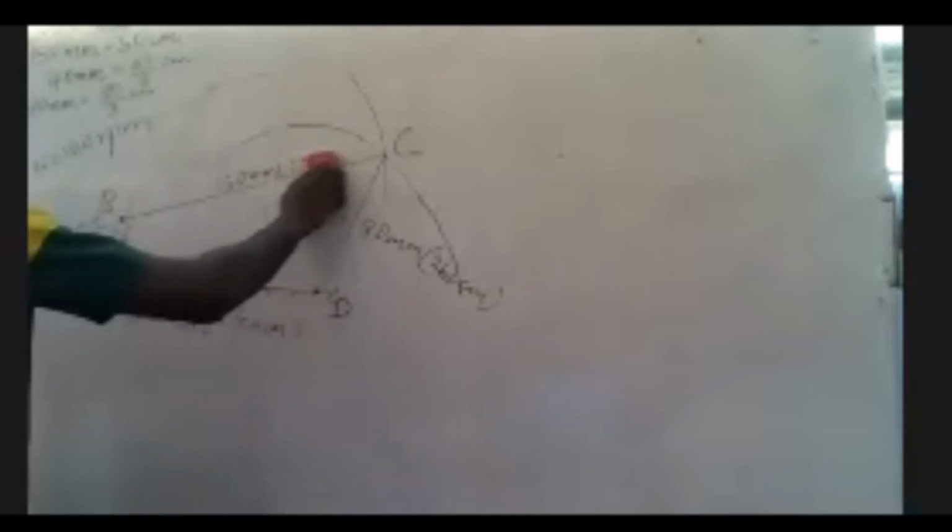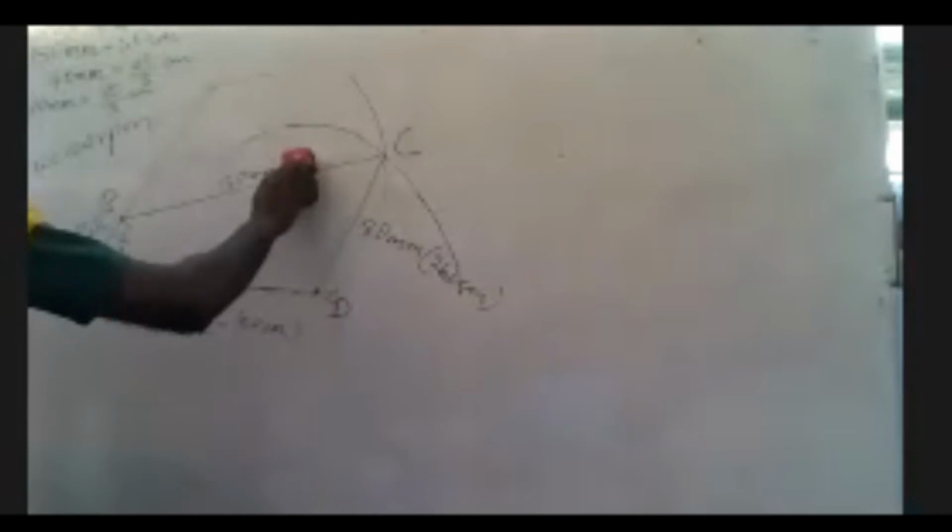But for your ease, I'm writing it. I will erase this. So this is the diagram, this is our four-bar shape. Now I will erase all these arcs, then only this will remain.